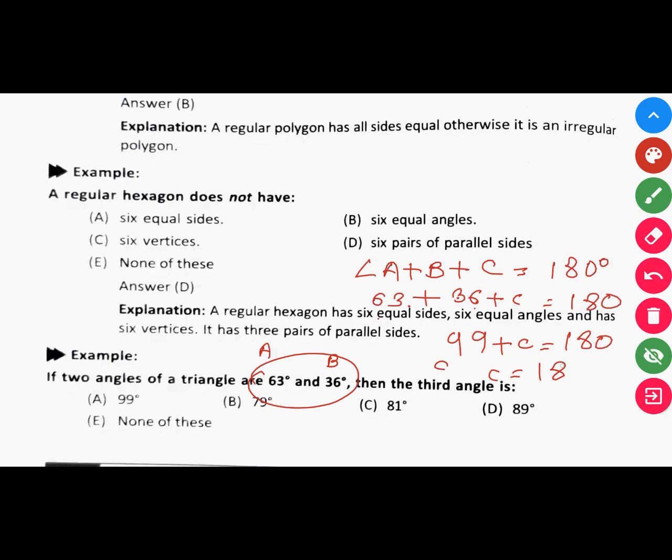So C is equal to 180 minus 99. 9 cannot be subtracted from 0, borrow. 10 minus 9, 1. Again 7. 9 cannot be subtracted from 7. So 17 minus 9 is equal to 8. So the third angle is 81 degrees.